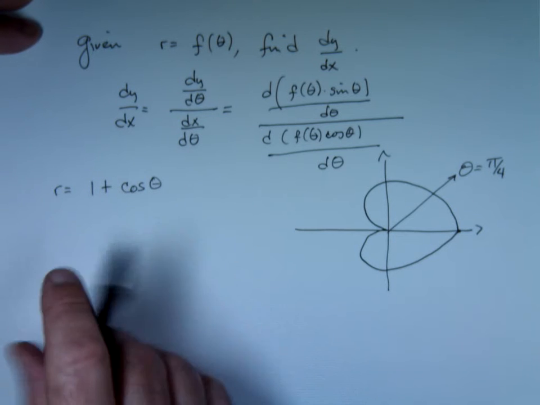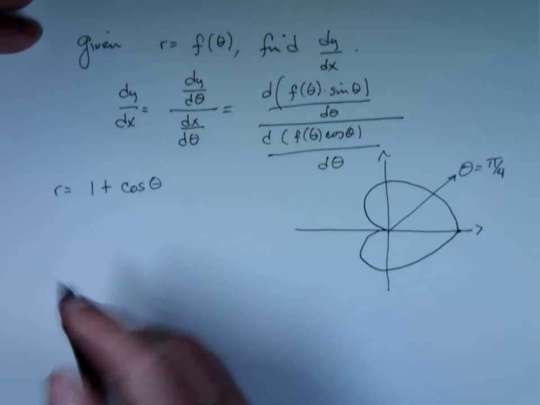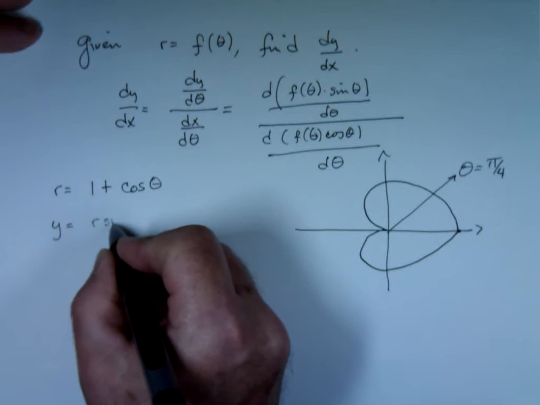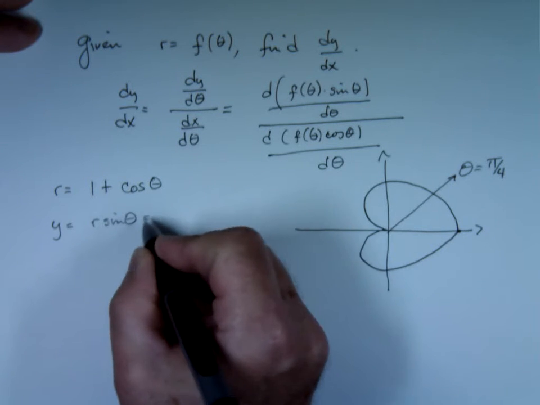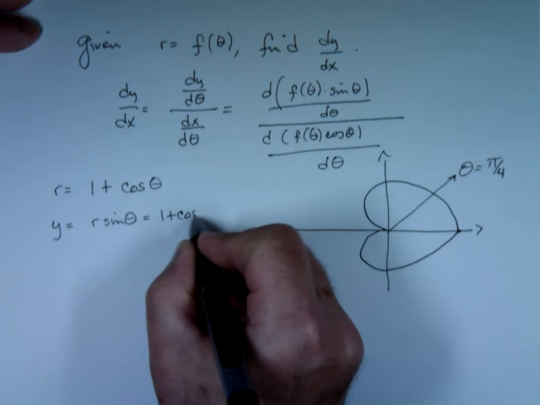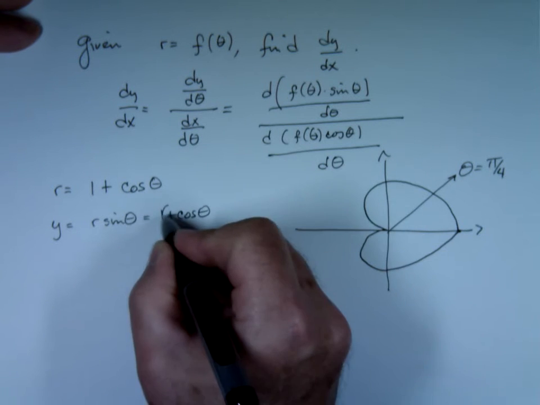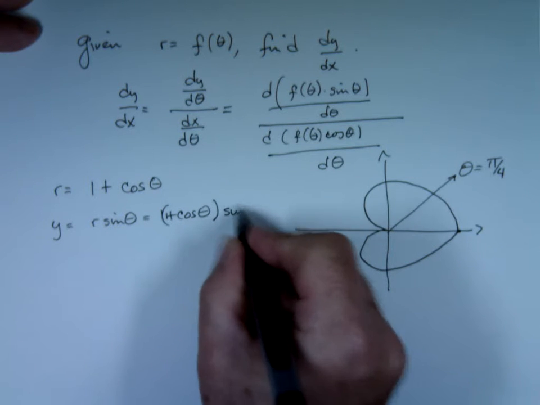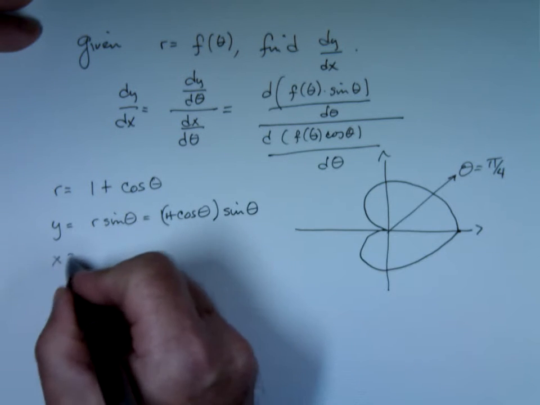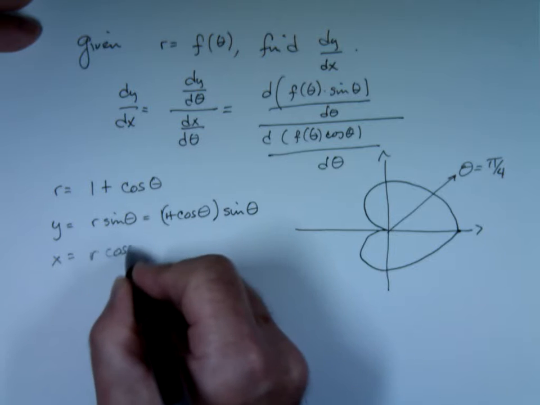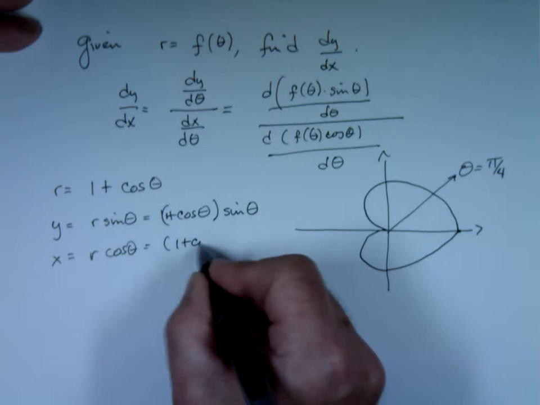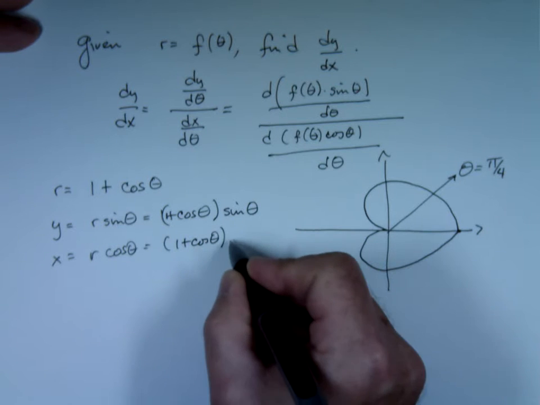Okay, so let's do it. First thing to do is change from polar form to parametric form. So y is equal to r sine theta. That's equal to 1 plus cosine theta, that's the r, times sine theta. x is equal to r cosine theta, that's equal to 1 plus cosine theta times cosine theta.